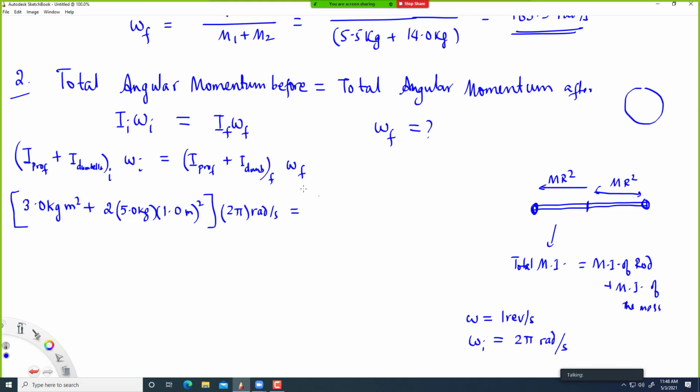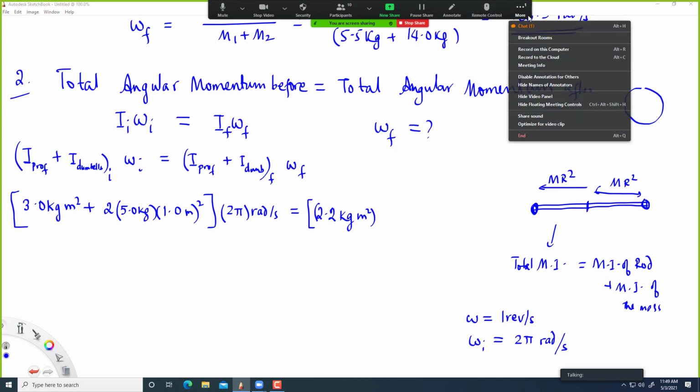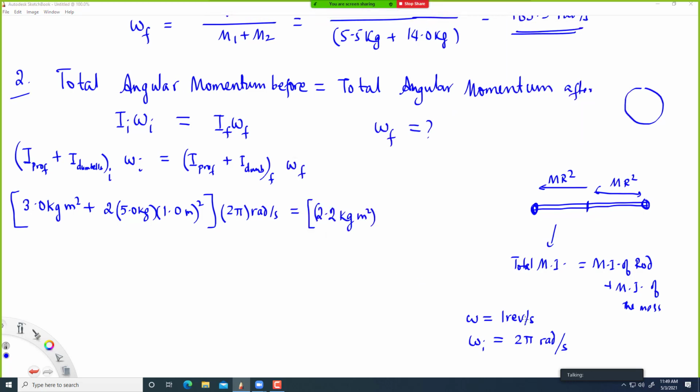Now I after folding the arms, if you read the question, it says 2.2 kilogram meter squared. Oh, someone pointed out a mistake. I think I did something wrong here. Yeah, it's over 2 seconds, not 1 second.